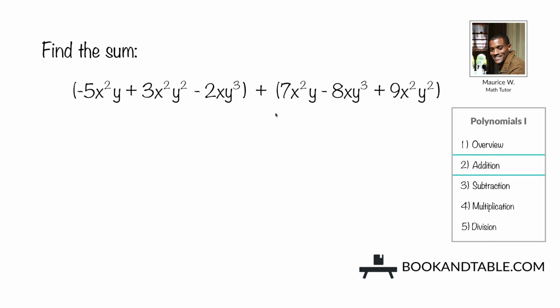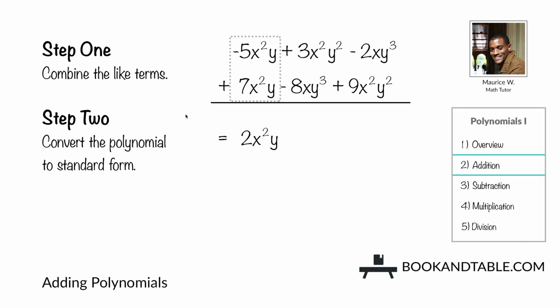If you wanted to add these two polynomials, then the first step is to combine the like terms. The like terms are the terms with the same exponents with the same variables. So the first term, we had negative 5x squared y. So we want to add that to 7x squared y. We add their coefficients, so we get negative 5 plus 7, which gives us 2x squared y.